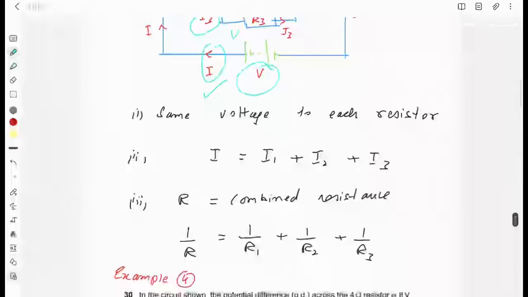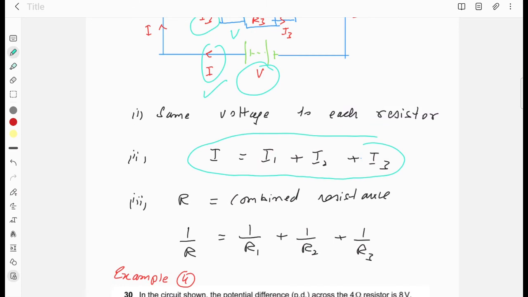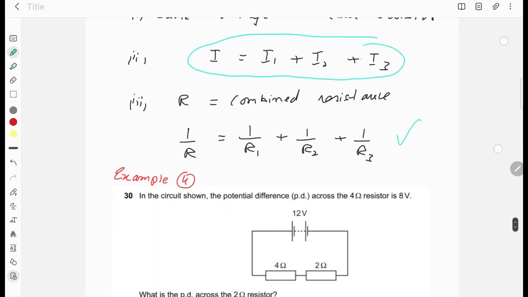So the total current coming out of the battery is equal to I1 plus I2 plus I3, and if R is the combined resistance of all three resistors, then 1 over R is equal to 1 over R1 plus 1 over R2 plus 1 over R3. This is also an important result.